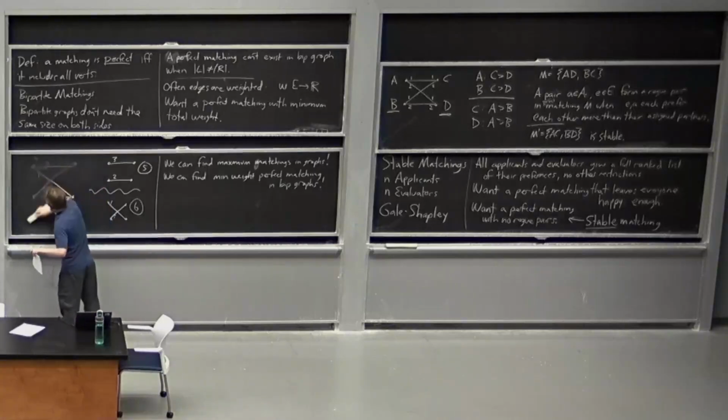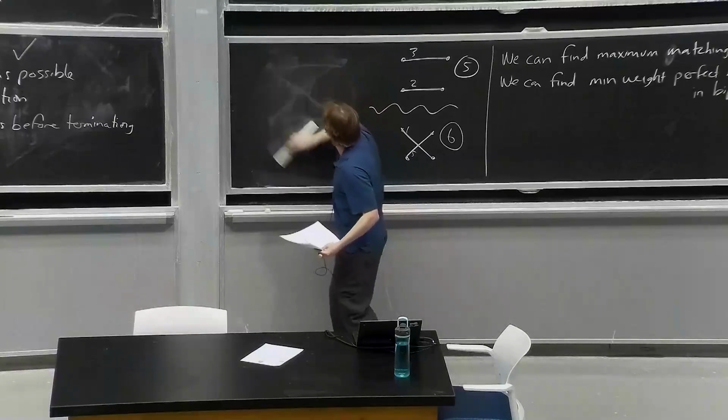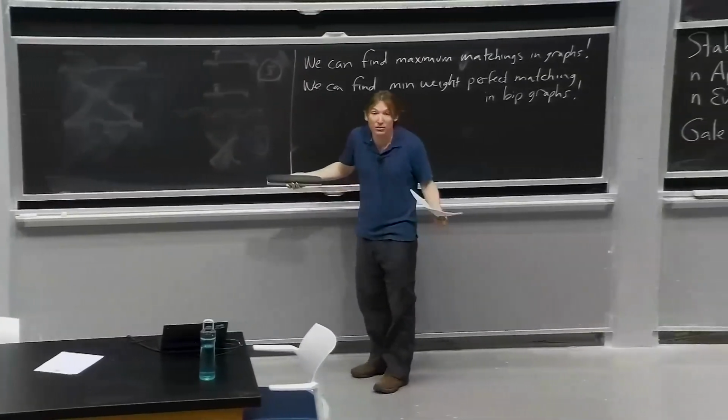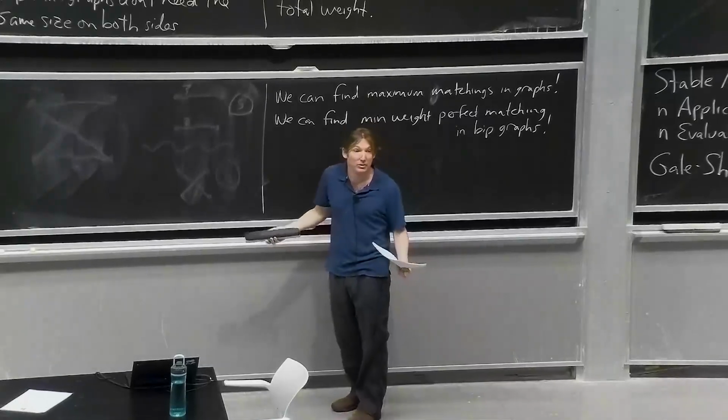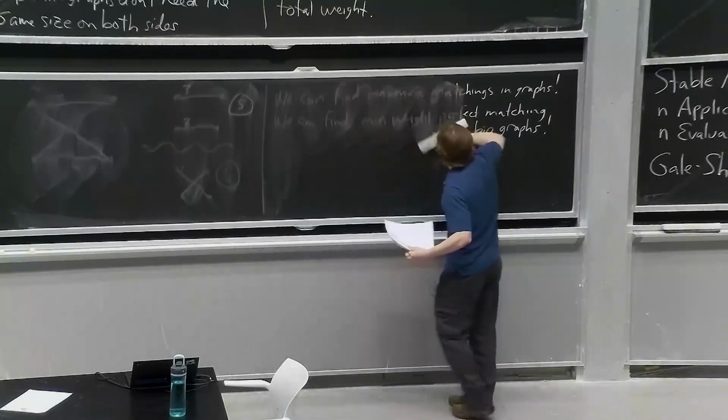Next important question. When it terminates, does everyone have a partner? We were saying earlier that if someone gets rejected from everyone, they go home crying. So does anyone go home crying? We'd like that answer to be no. We'd like everyone to have a partner at the end.